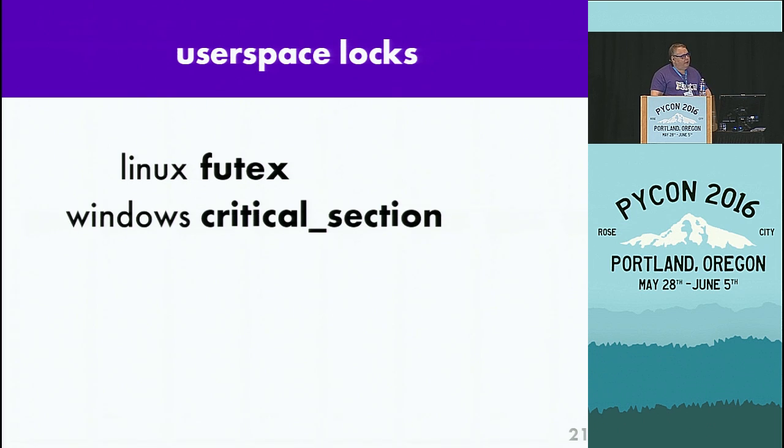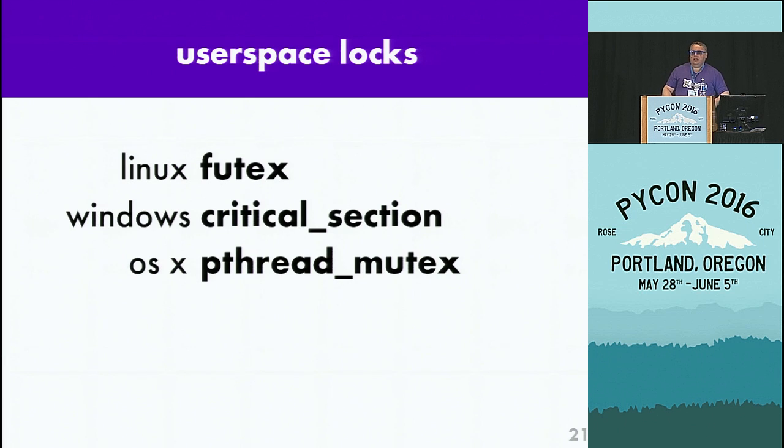And under OS X, I'm told that the standard pthread library from POSIX, the pthread mutex, is a user space only lock until there's contention. So I think we're already good for a lot of the major platforms that we care about. And the other platforms, I don't know what the answers are. Again, it's very early days for the Gilectomy. I'm assuming that they have similar answers here as well.